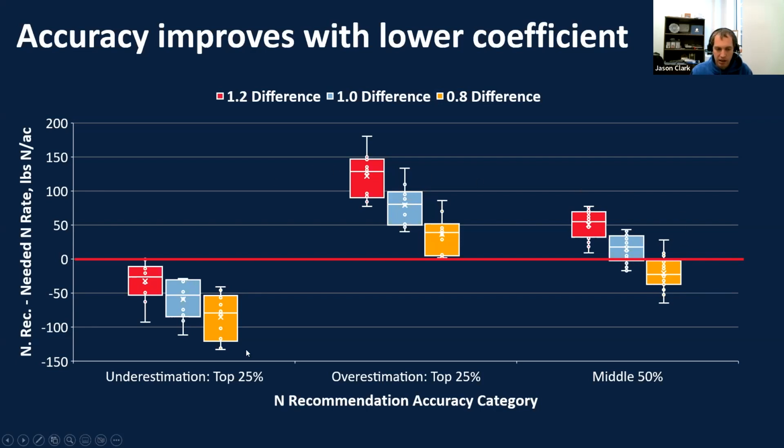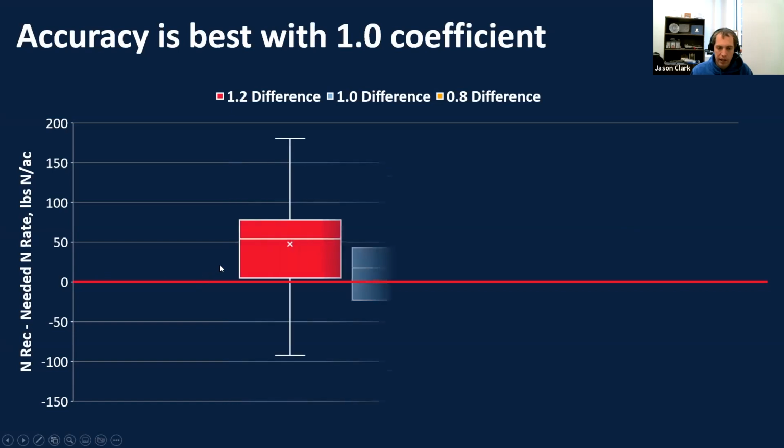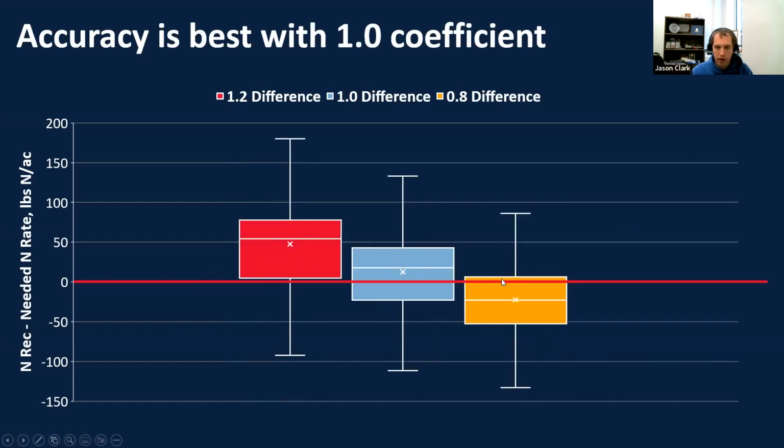So if we take this data and just look at it all together, which is what we'll do on this next figure, we want to be around zero. So we look at that 1.2 to 1 to 0.8, we see that on average, this line right here is the mean, the X is the median. We get closer and more around that zero line. And if we look at the average, we're plus 48 pounds of N per acre, plus 13, and then we switch here to go negative 22.